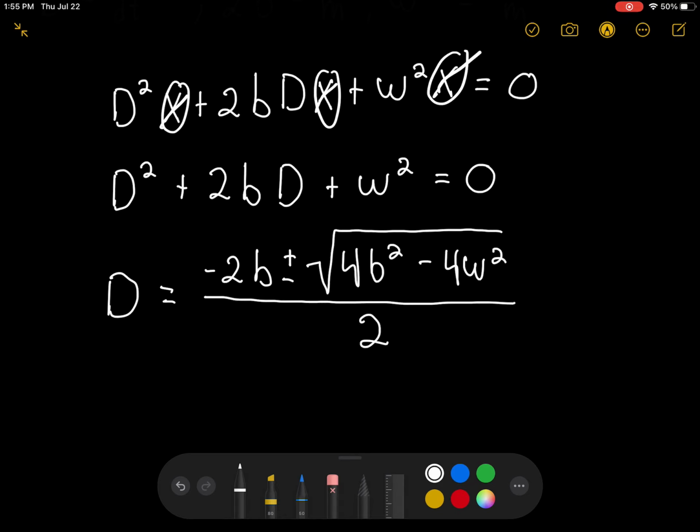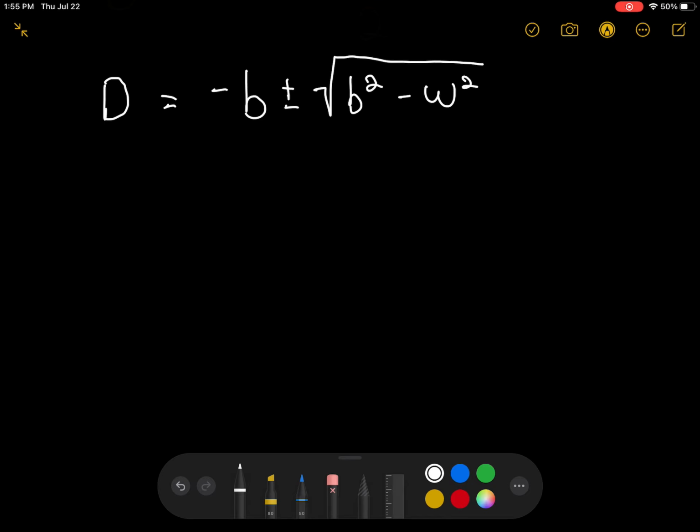And the entire reason why we put 2b in the first place is so that we could just simplify this into negative b plus or minus the square root of b squared minus omega squared.